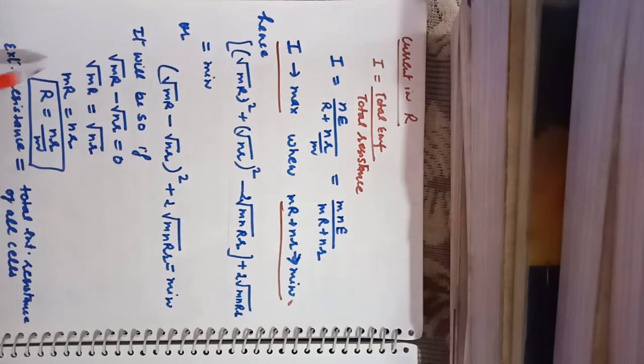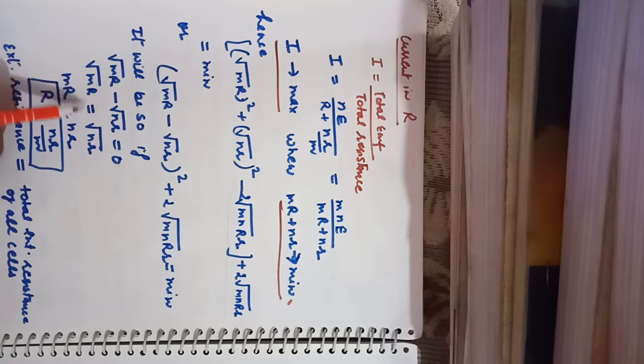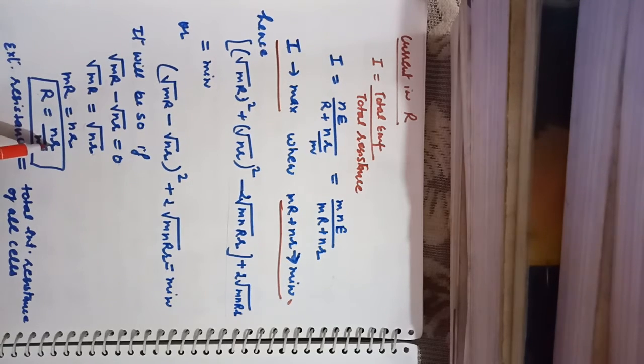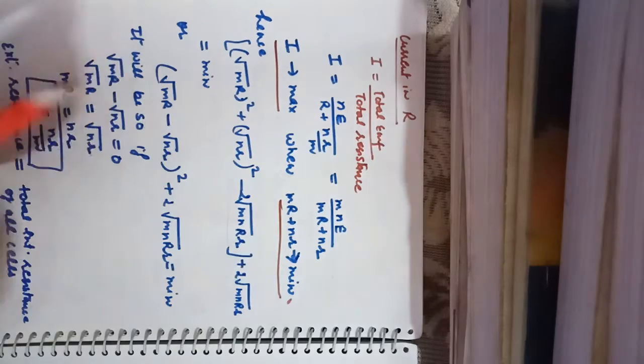So if I take under root of mR minus under root of nr equal to 0, then under root of mR is equal to under root of nr, so mR will be equal to nr. Now from here we have got capital R equal to nr upon m, the same value as the total internal resistance of the circuit.